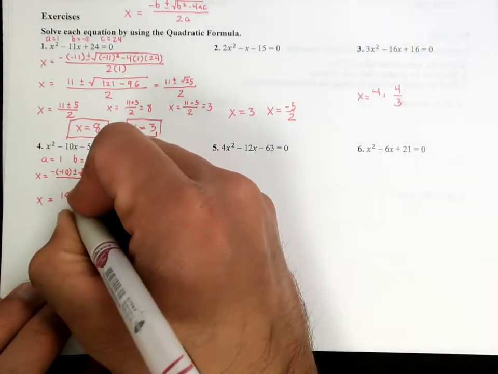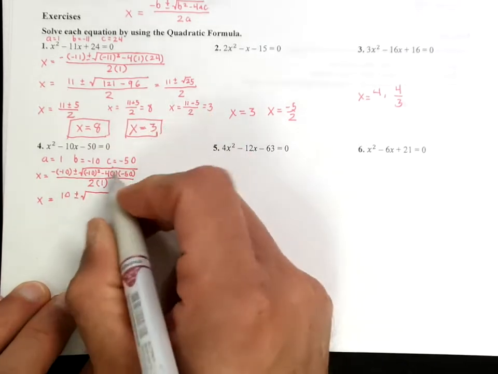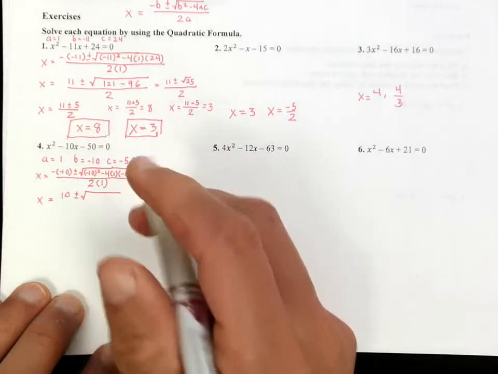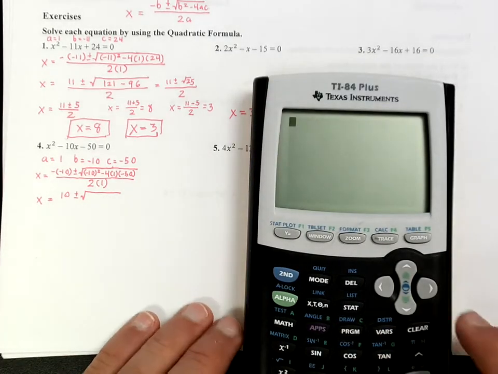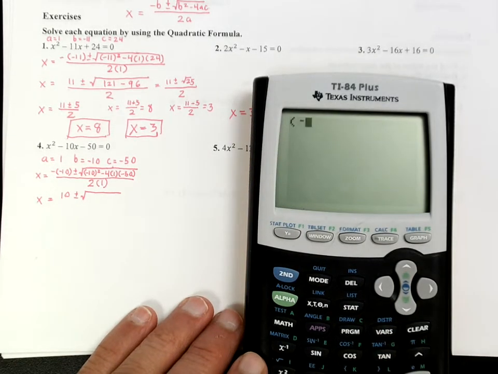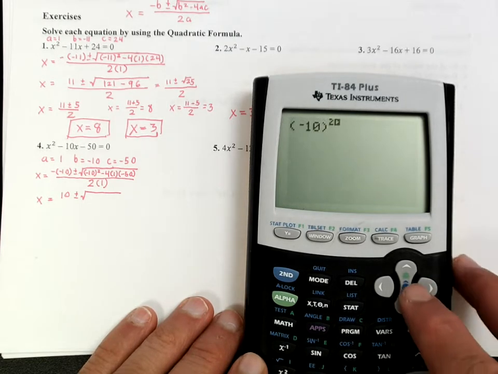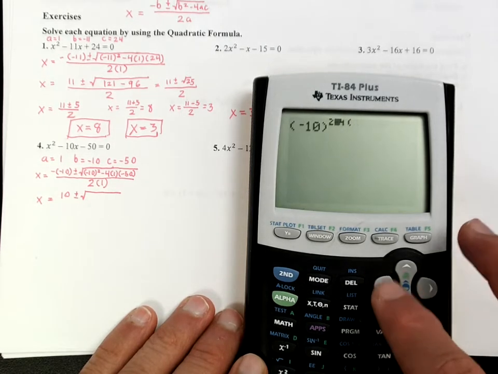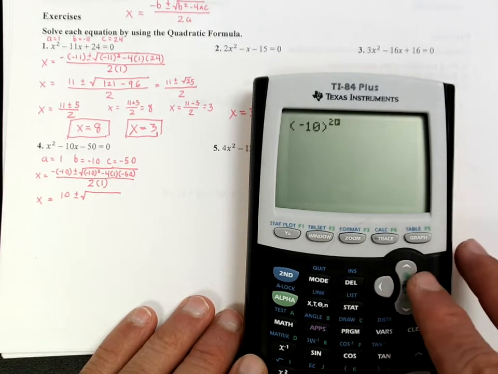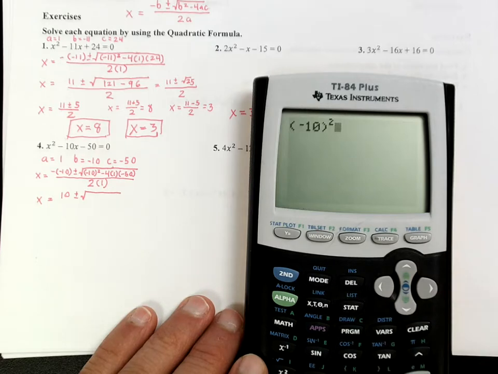So we have 10 plus or minus, now, if you want to use the calculator in this, you're more than welcome. Just be real careful if you're going to use the calculator. I know this is 100. So we have that minus 4 times 1 times negative 50.